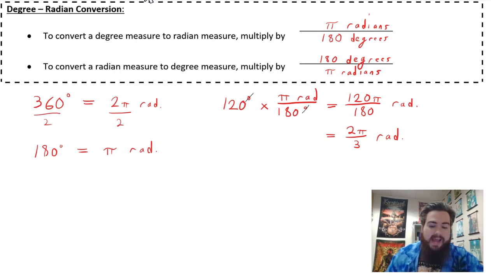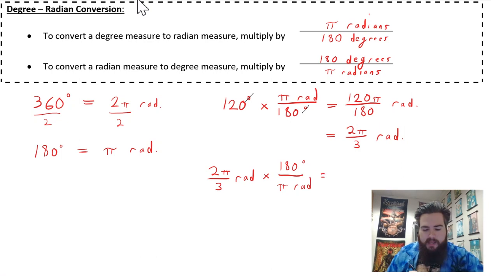If you wish to convert back, you can then take 2 pi over 3 radians and multiply that by 180 degrees over pi radians. This will allow us to eliminate the radian measure.